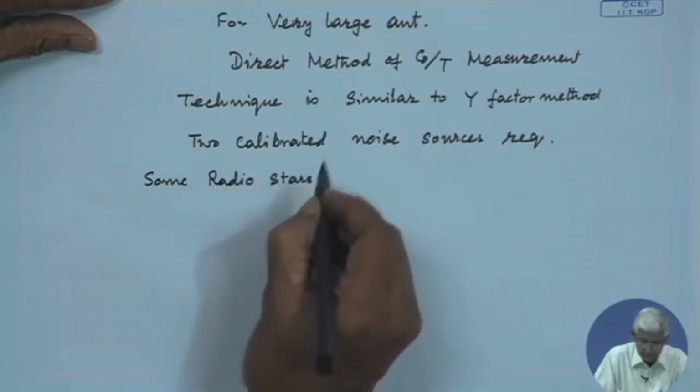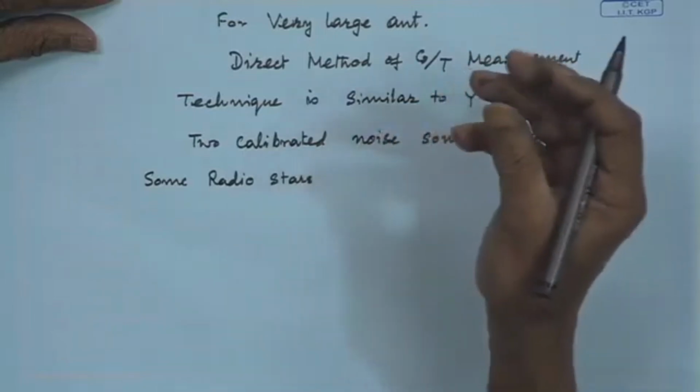That means some stars, or a combination of stars, in that particular direction emit radio noise at various frequencies. In our frequency of interest, which may be 4 gigahertz or 12 gigahertz, we receive on the earth some power flux, and radio astronomy people have done a lot of measurement on that, which is very helpful to us.